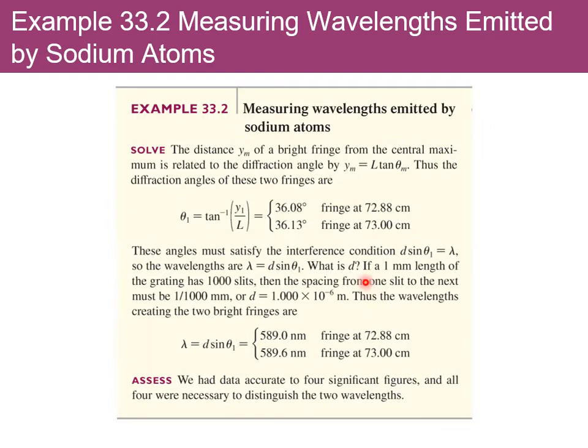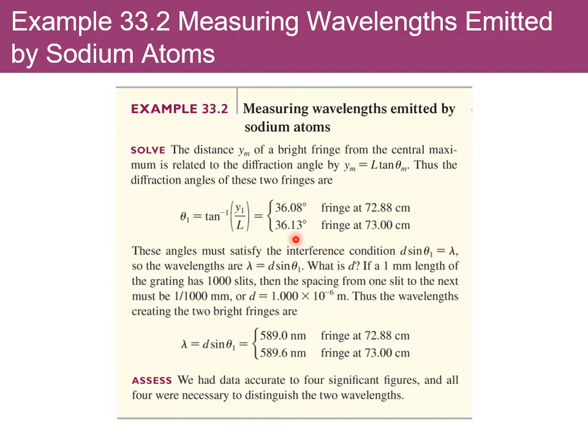We return to our statement that theta equals inverse tangent of y over L. Plugging in values, we find that the 72.88 centimeter fringe corresponds to an angle of 36.08 degrees, and the 73.00 centimeter fringe corresponds to an angle of 36.13 degrees.